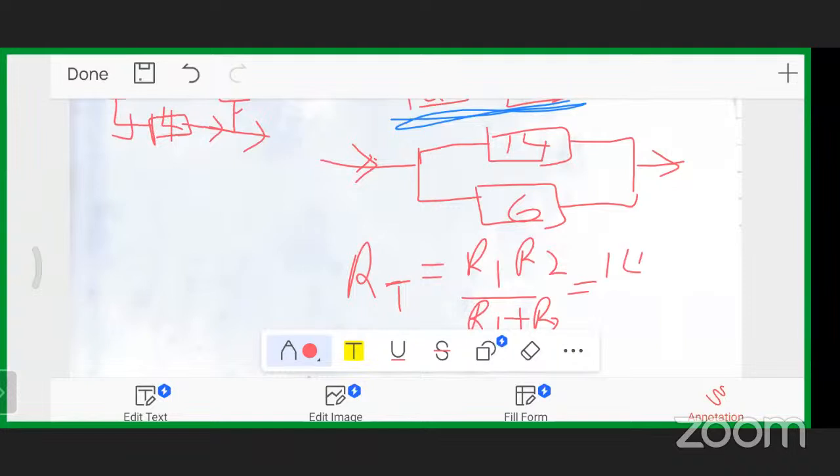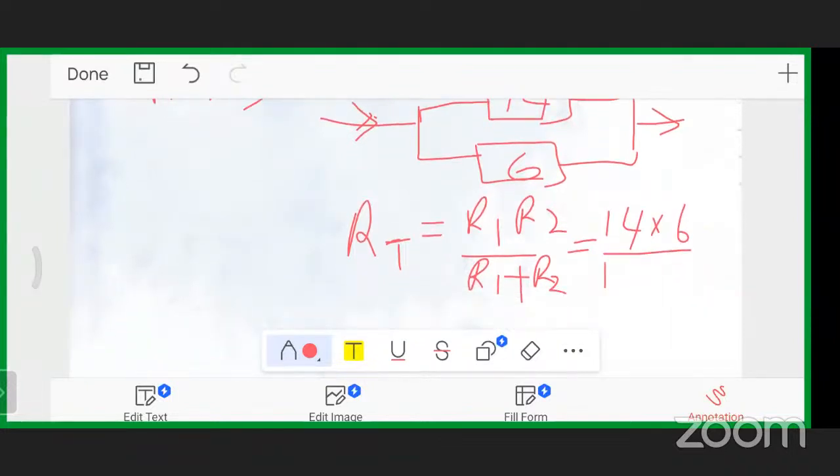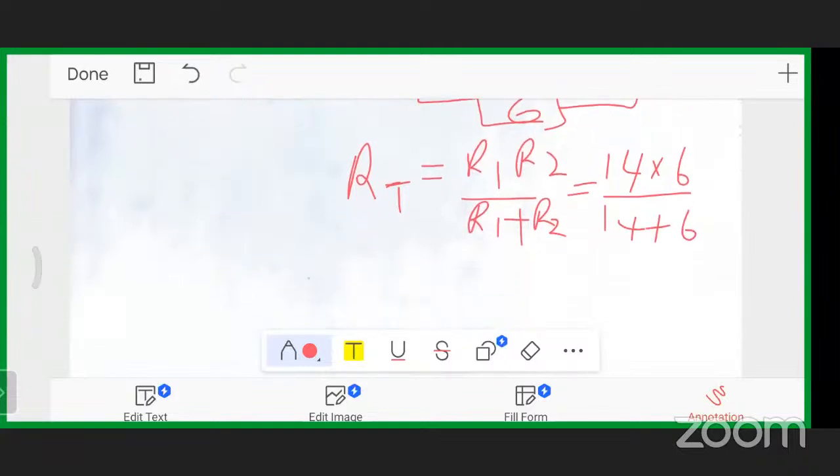So it will be 14 times 6 divided by 14 plus 6. And this will give you 14 times 6 is 84, divided by 20. 4.2. 4.2 ohms. So you can check your work.